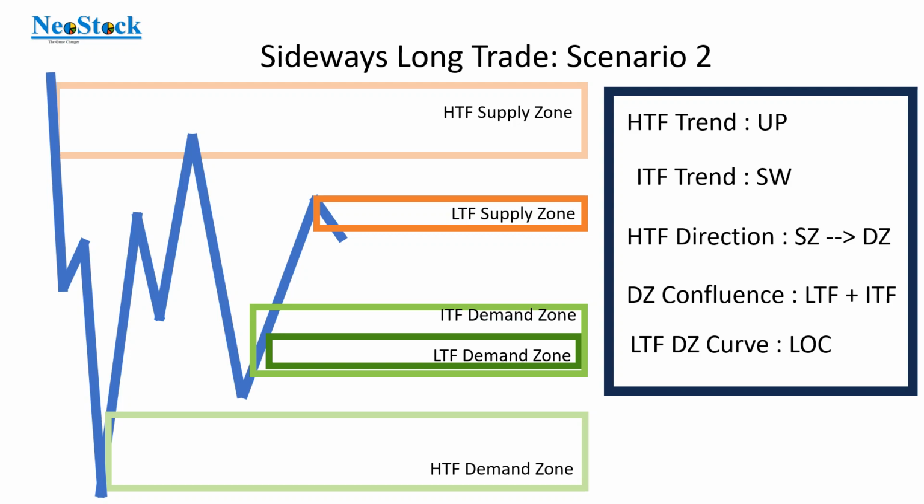Okay, before getting to the third scenario, if prices reach the LTF demand zone, we can take a long trade. And whatever checklist items you are going to learn in the third part of this video, if all the checklist items are satisfied, you can plan a trade, and then the target is the immediate LTF supply zone.